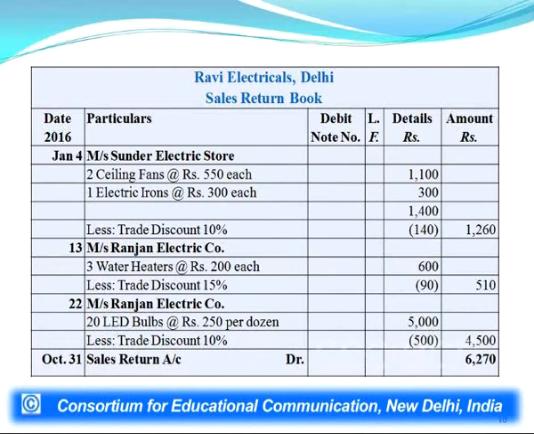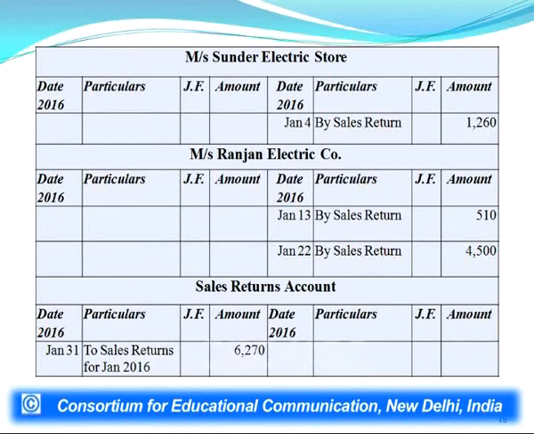So, the posting will be made in the accounts of Sundar Electric Store, Rajan Electric Company and the sales return account. So, in these accounts the ledger shall appear in this format. Sundar Electric Store, credit because he is the giver, by sales return, net amount 1260.